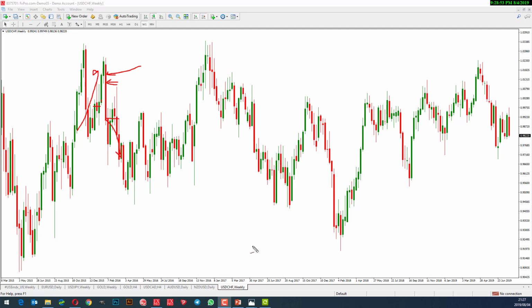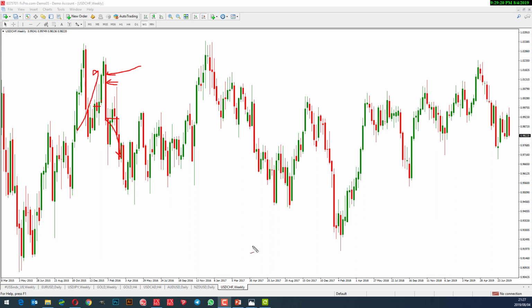See if you are in a position to highlight a bullish engulfing candle pattern, a bearish engulfing candle pattern. That way you tend to improve your analysis, you tend to improve your reading of the market structure. That's the only way you can improve.